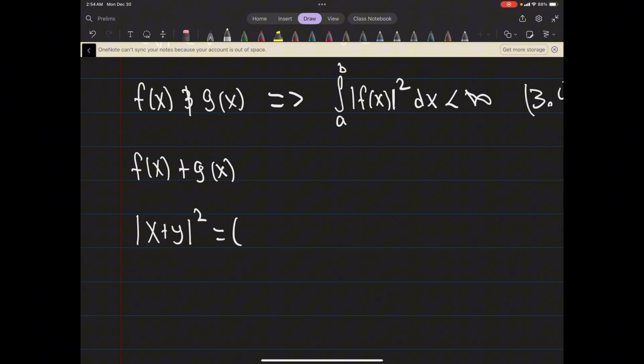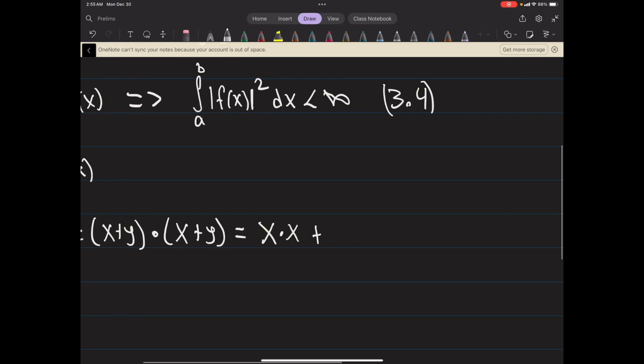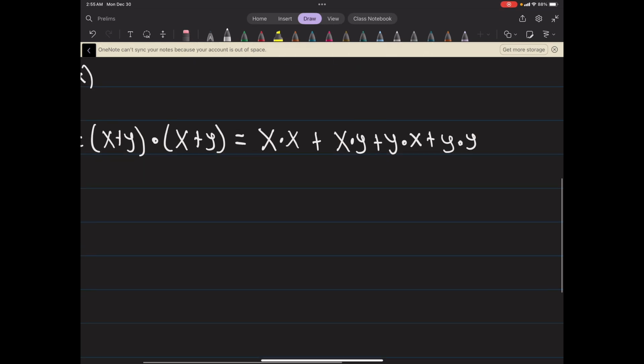That's the same thing as x plus y times x plus y, which if you distribute is x dot x plus x dot y plus y dot x plus y dot y, which is x dot x plus 2 x dot y plus y dot y.